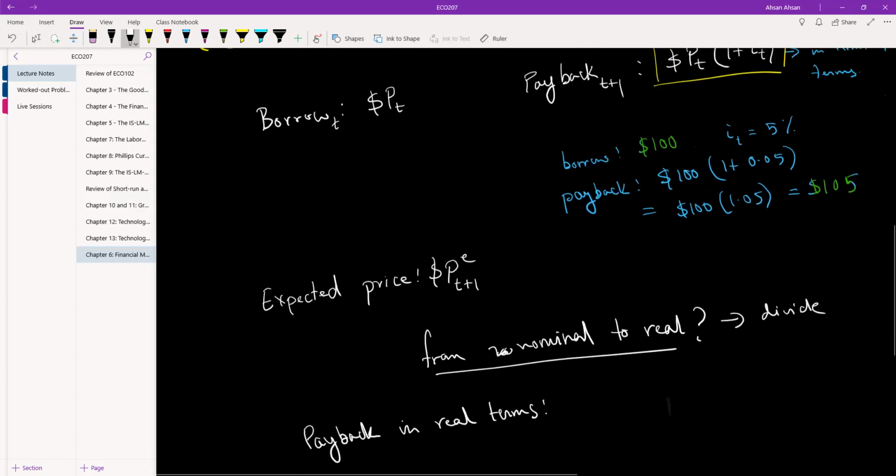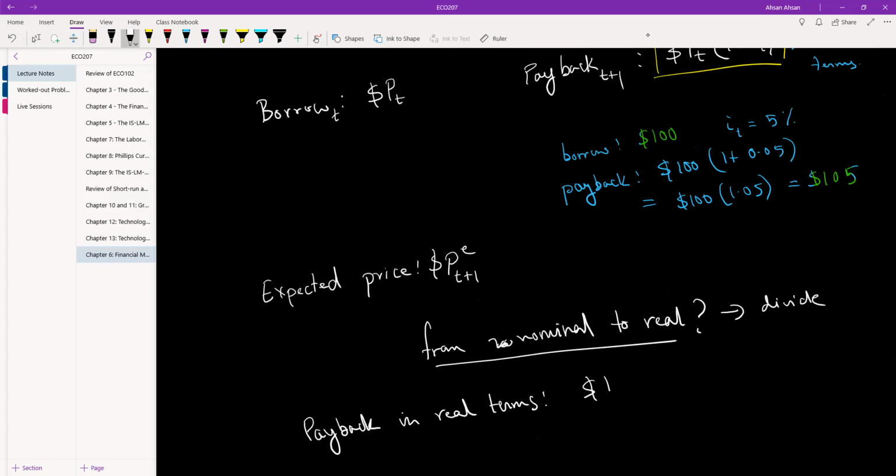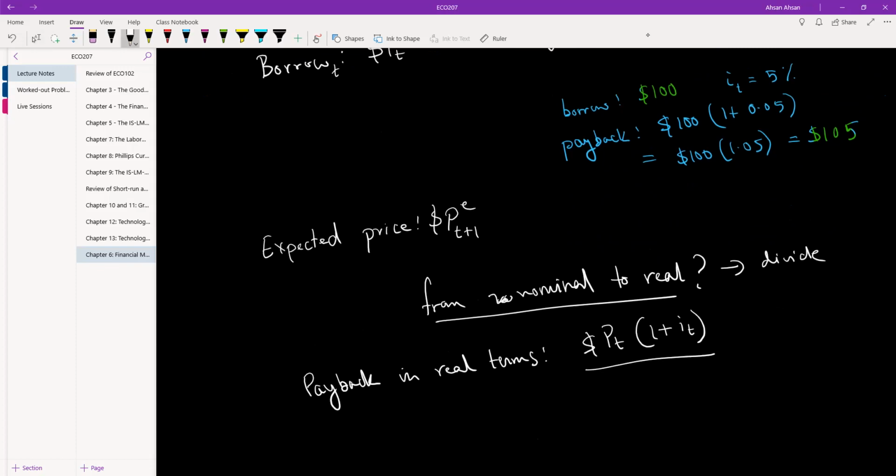What I will do is I will take this nominal payback amount, 1 plus IT. I'm going to divide this by PT plus 1 E. Okay, my expected price. So what does this mean?